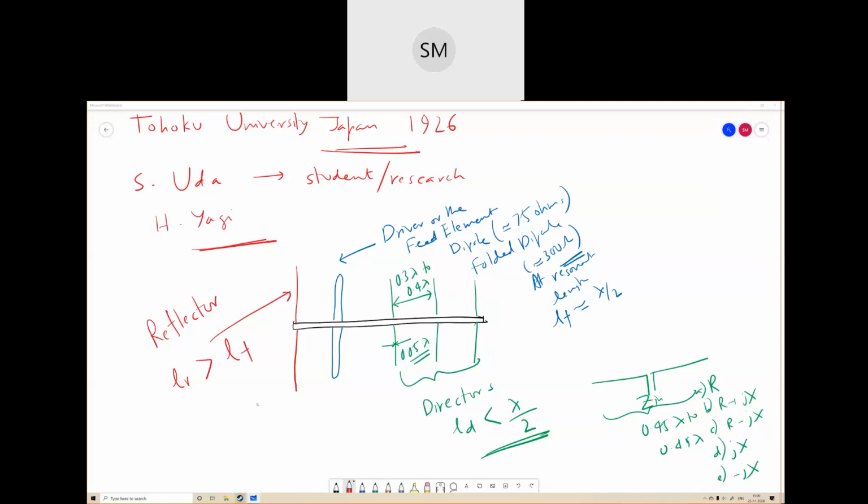So this reflector will be inductive, and these directors will be capacitive.